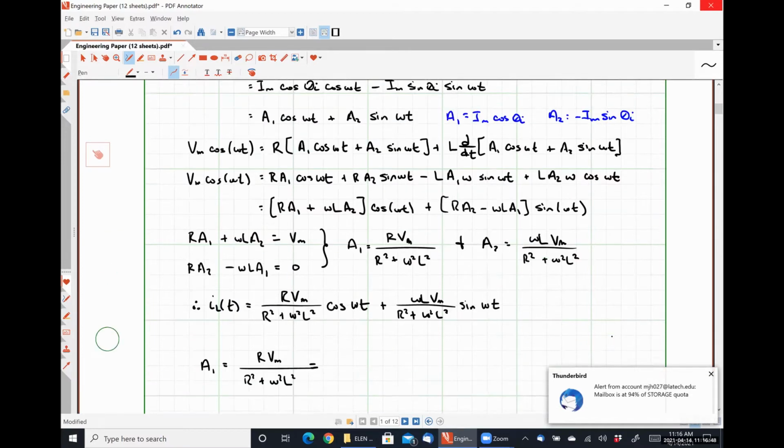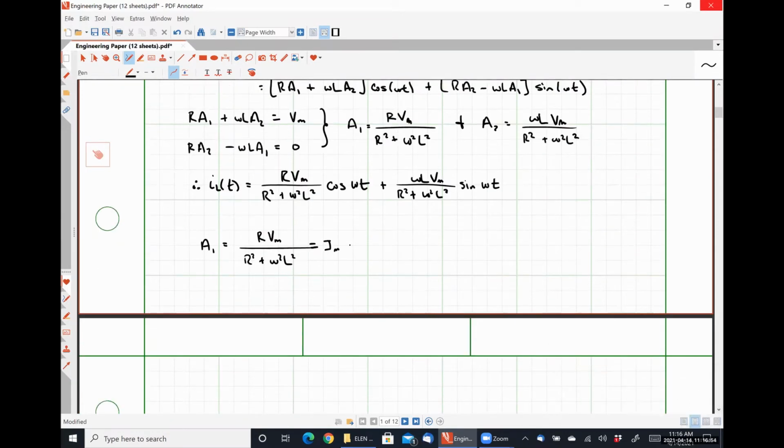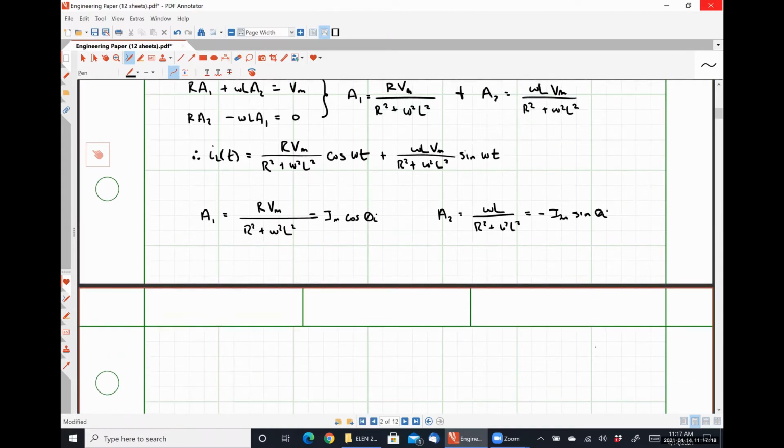And this is also equal to Im cosine theta I. And we know that A2 is equal to omega L Vm over R squared plus omega squared L squared. And this is equal to negative Im times sine of theta I. We can use the following two trig identities to figure out what the magnitude of our current is and the phase angle of our current is to give us our answer in the form that we are expecting.